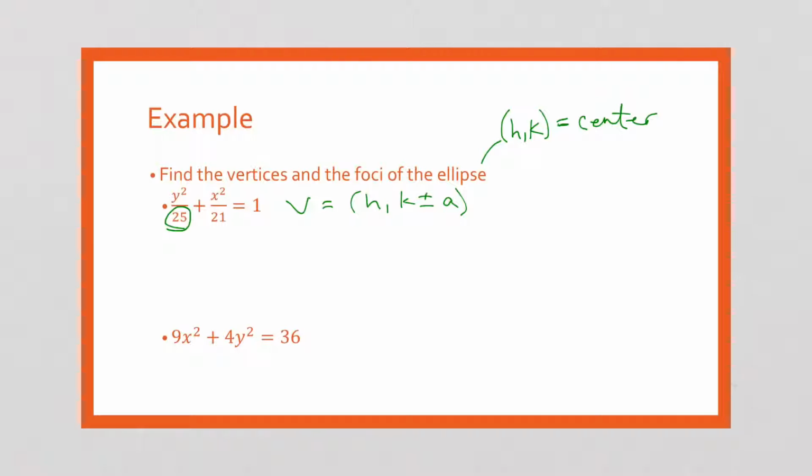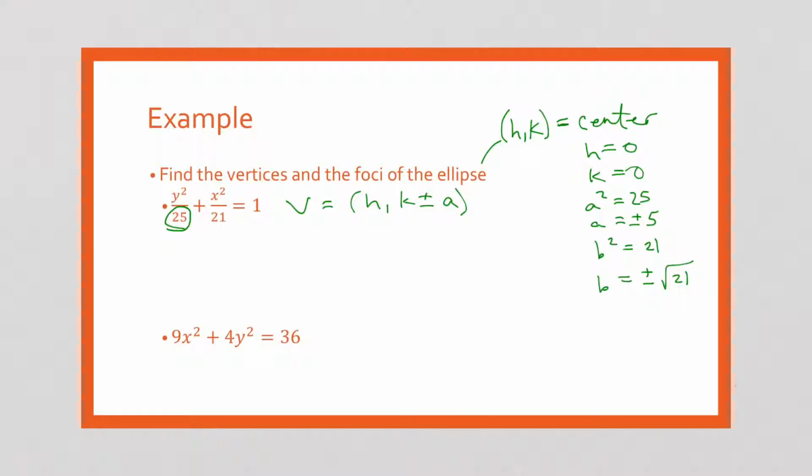Now here, I'm centered at 0, so h is 0, k is 0, a squared is 25, so a is plus or minus 5. B squared is 21, so b is plus or minus square root of 21.